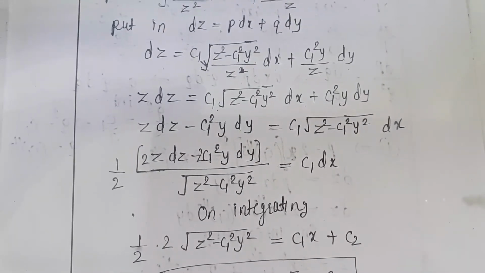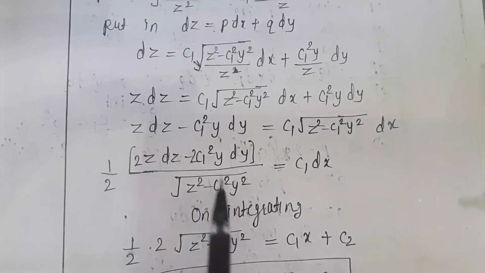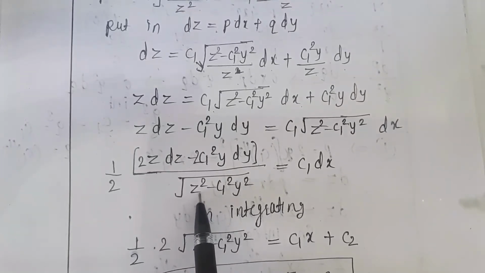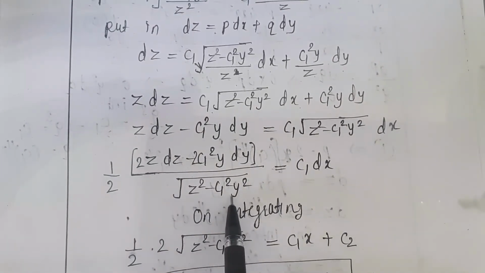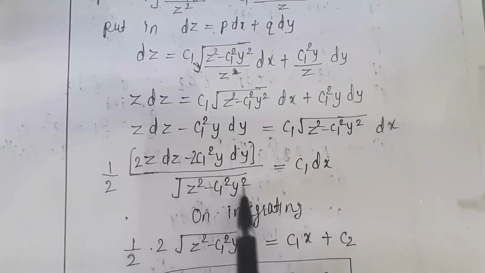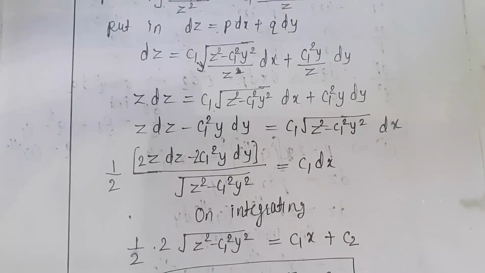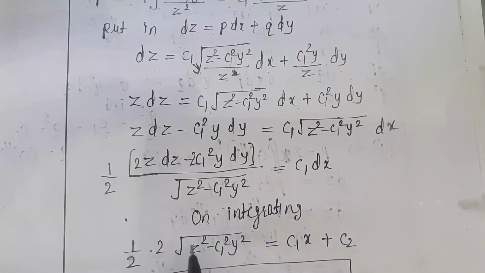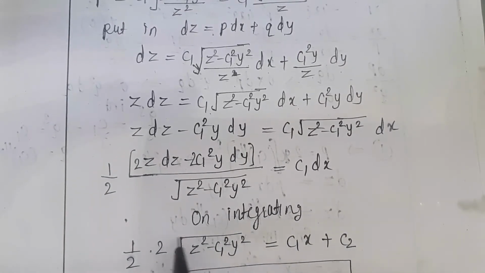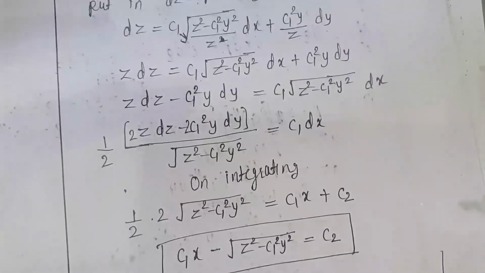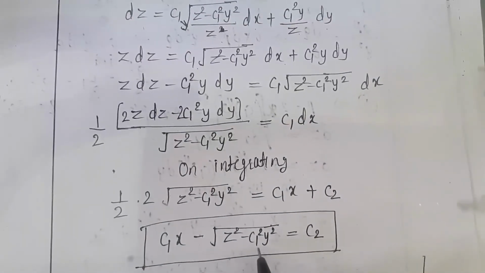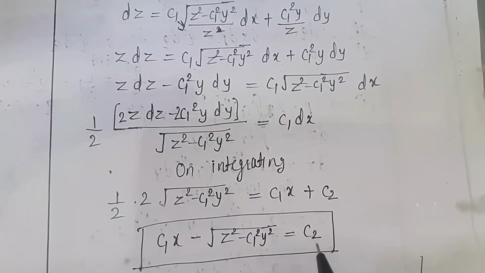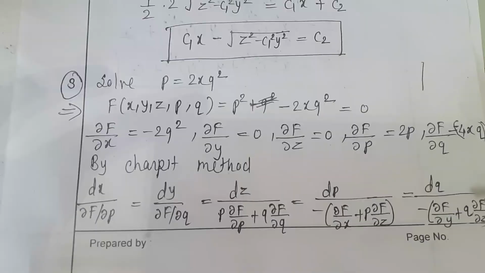On integrating, since the denominator's derivative is present in the numerator, which is 2z dz − c1² 2y dy, the integration is nothing but the square root. So c1x − √(z² − c1²y²) = c2.